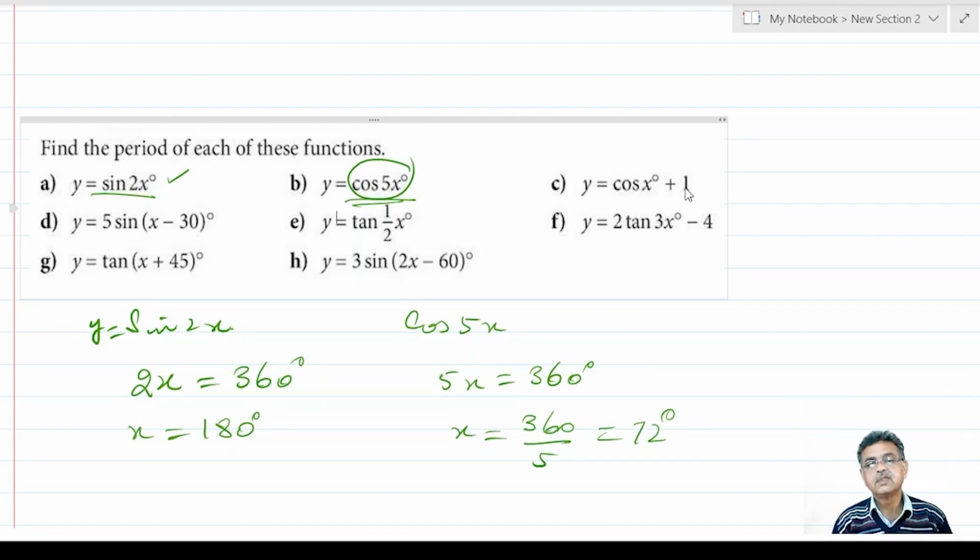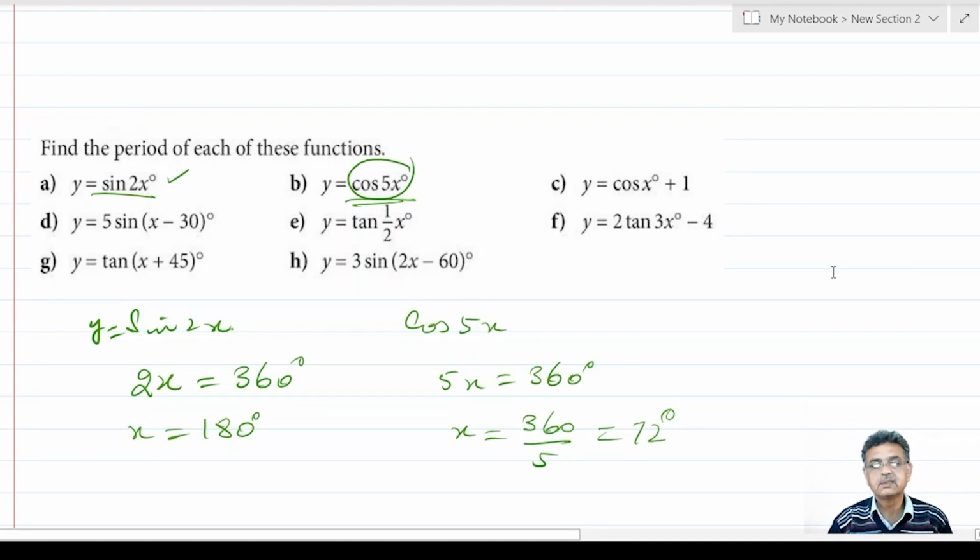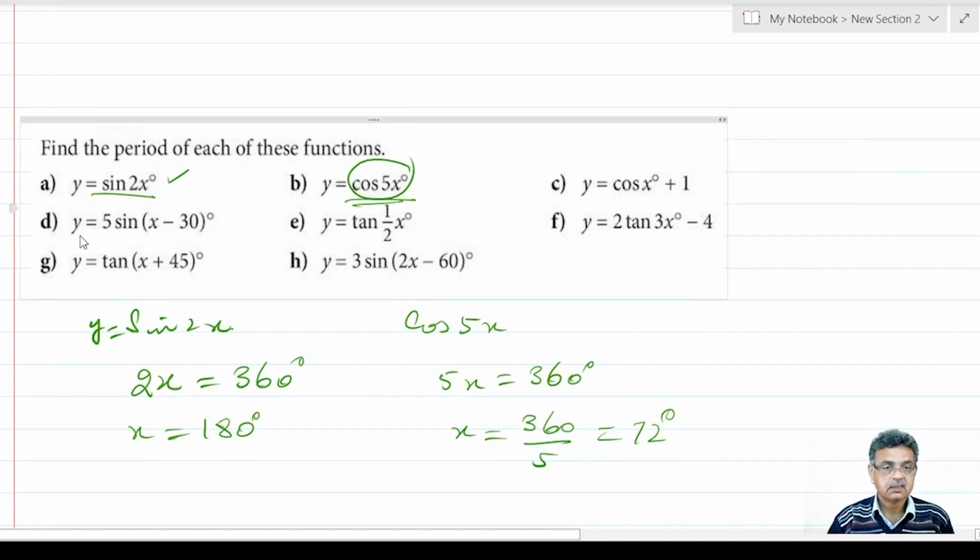If the graph is moved upward or downward, it does not make any difference in its period. So the period will remain the same. Its period will be decided by the value of x. x is equal to 360, therefore its period is 360 degrees, and its frequency is one cycle in 360 degrees.